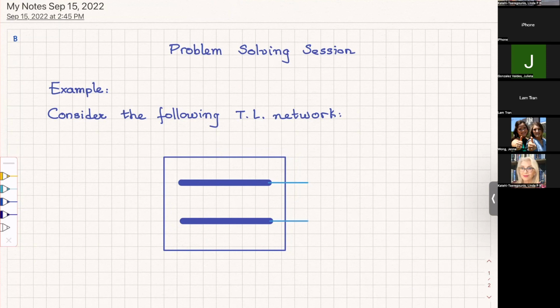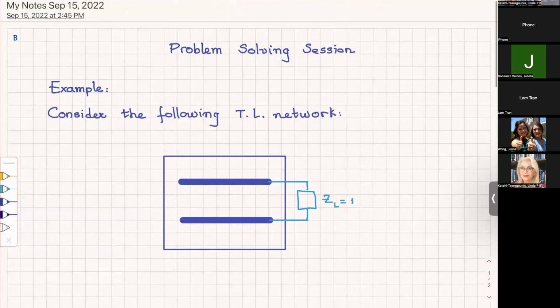All right, so this load here is ZL equal to, say, 100 plus j150 ohms. Okay, assume that this transmission line is 50 ohms.